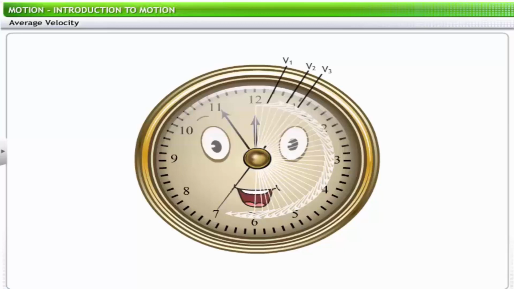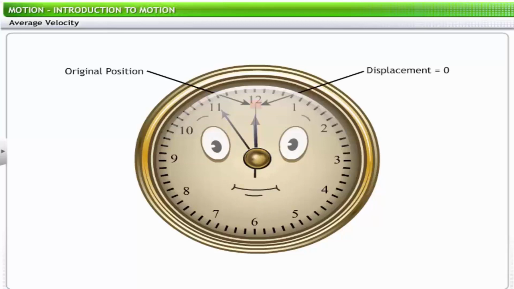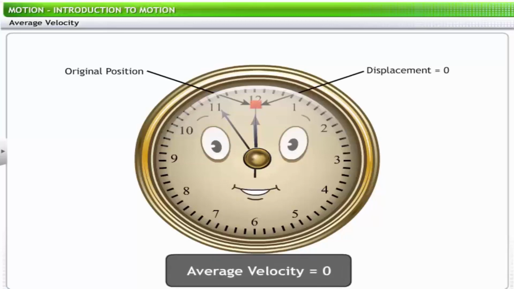Thus, if you consider the second's hand, its velocity actually changes each second. When the second's hand completes one full rotation in 1 minute, it comes back to its original position. At this point, its displacement becomes 0, and hence the average velocity also becomes 0.